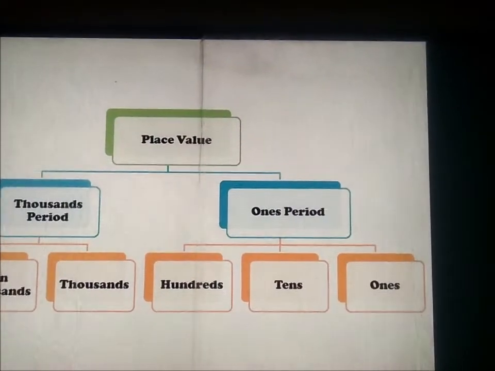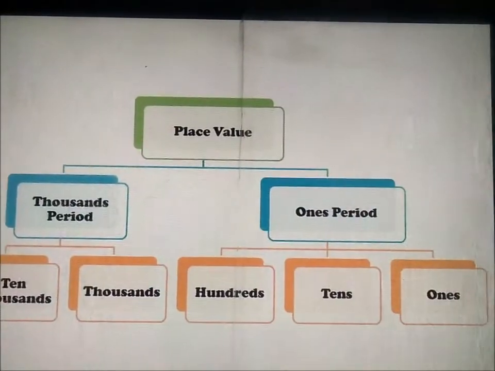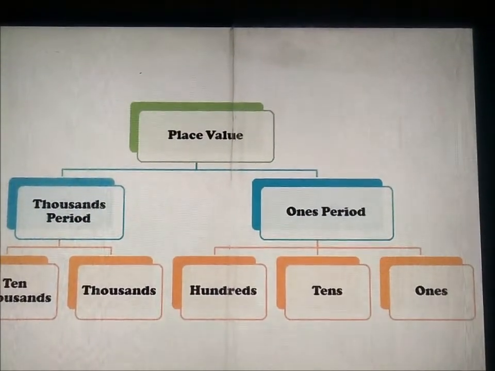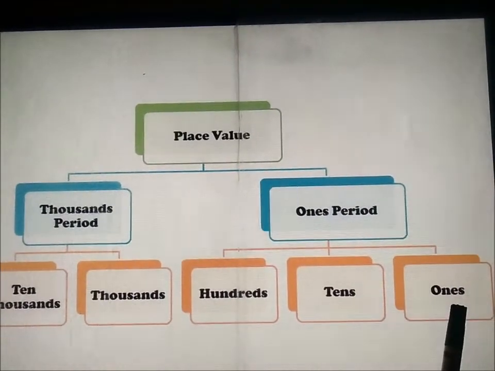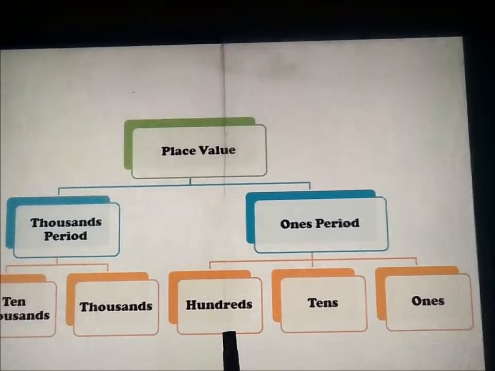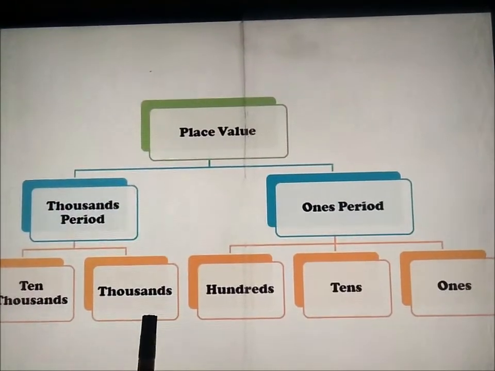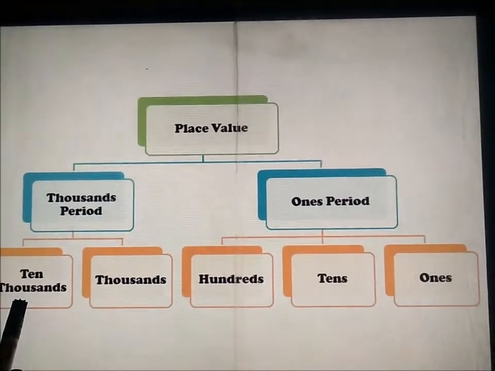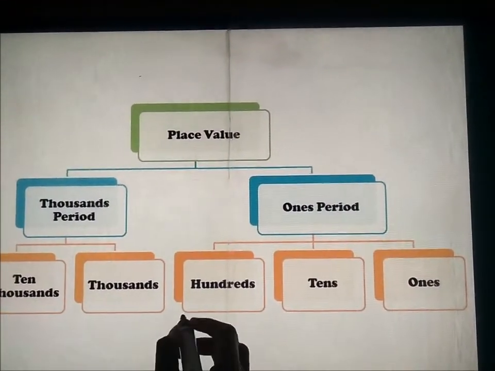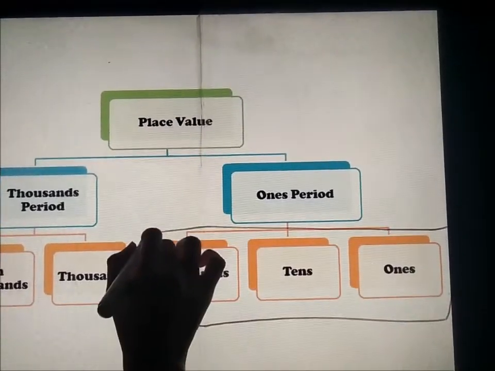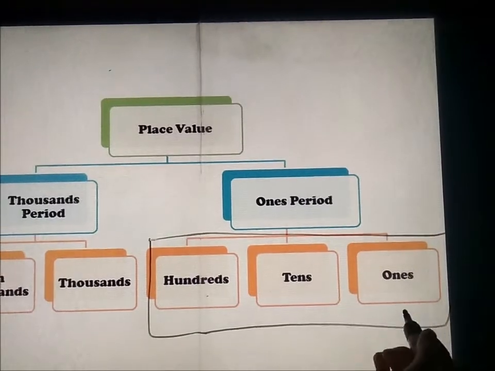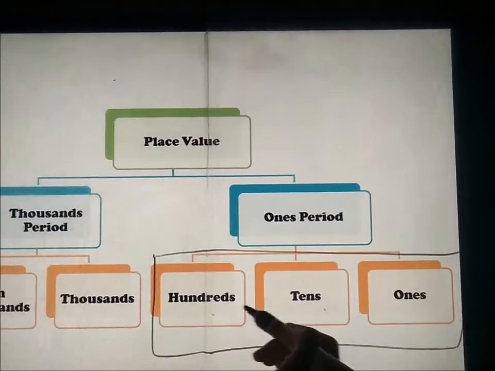Kids, let us quickly look at the place value chart that is placed in front of you. The place value has ones, tens, hundreds. Then we have thousands, and after that 10,000. The ones period has these three units: ones, tens, hundreds.